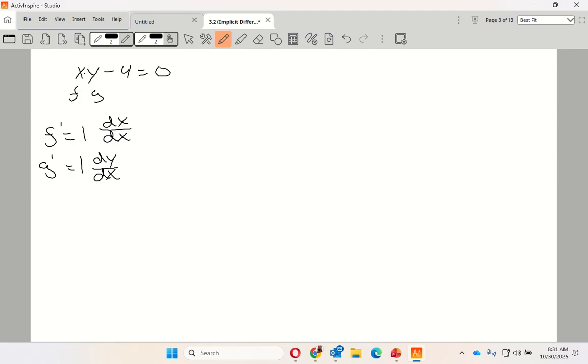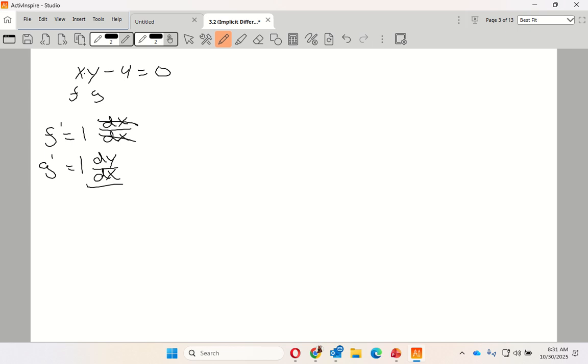But now, since I'm taking the derivative of something that's not x, I need to add this to state that. Does that make sense now? Okay. All right, so I'm going to keep going. This is the reason why the derivative of x in terms of x does not matter. Okay, so right there we get there.